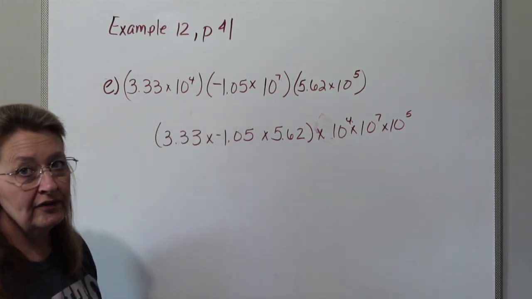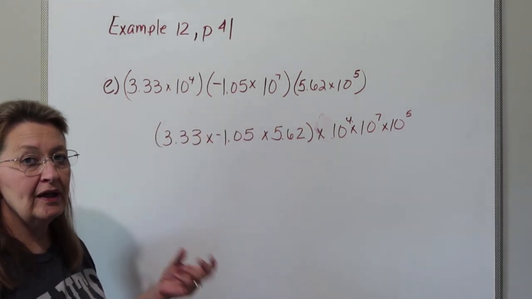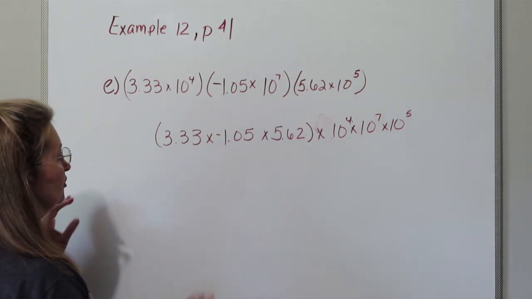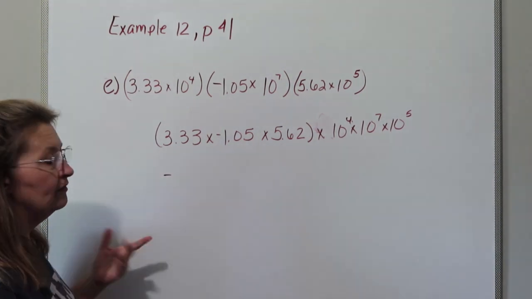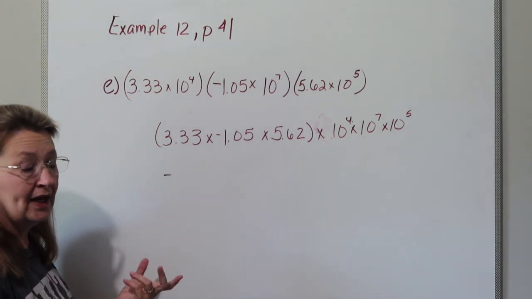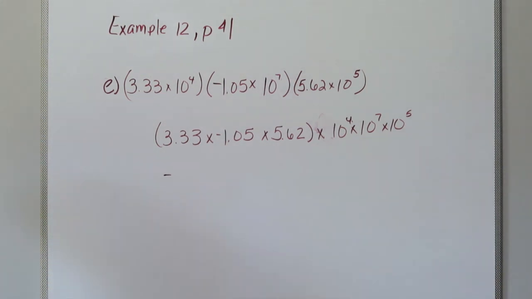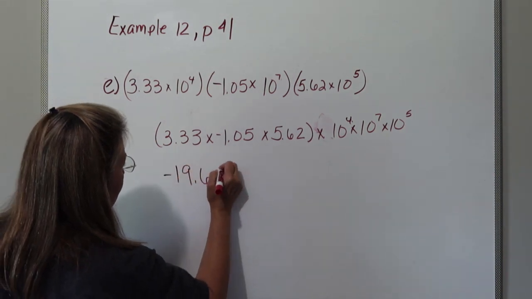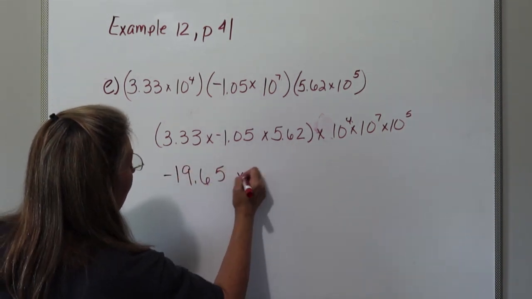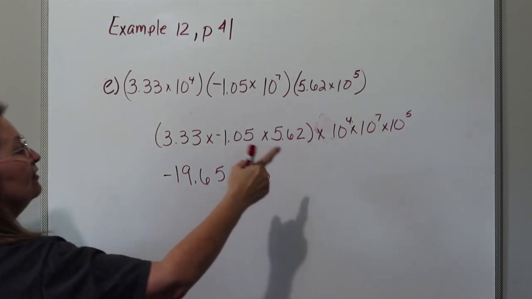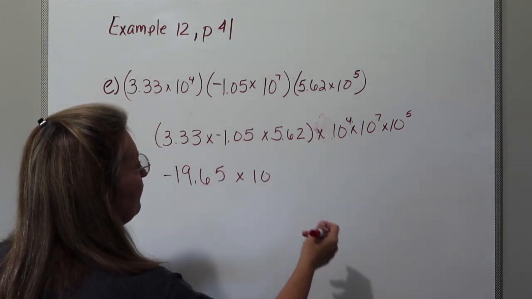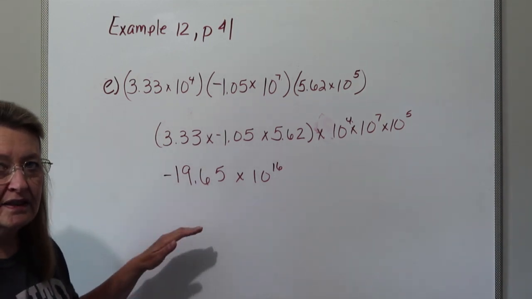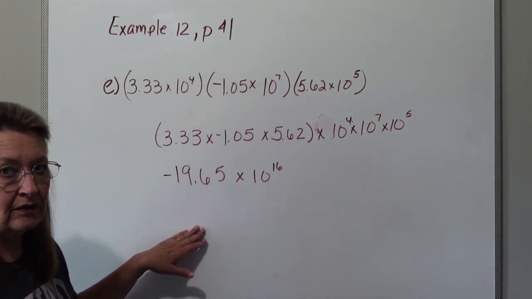Now how was I allowed to do that? By the commutative property of multiplication. So when you multiply these 3 numbers together, you're going to get negative, and of course, let me use a calculator real quick. And that gives you 19.65. Now multiplying all these tens together, 7 plus 4 is 11, plus 5 is 16. Okay, is this in scientific notation?